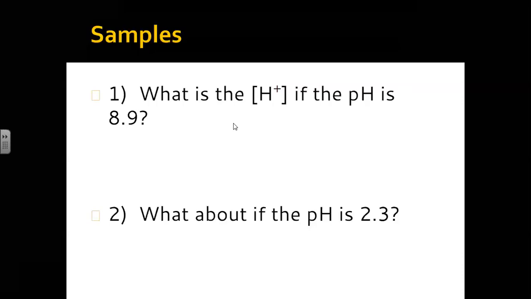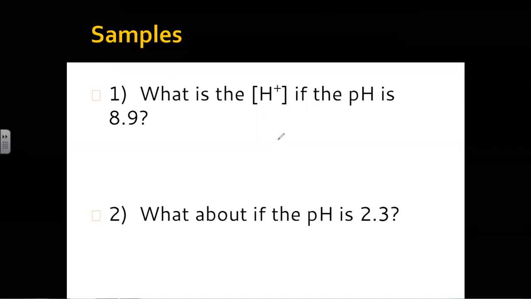These two problems right here, let me open the draw function again. This one wants to know what's the H plus concentration if the pH is 8.9. So what you're going to plug into your calculator, and I'm going to try to write this out as you would plug it in: you're going to go 10, use your caret key, open a parenthesis, type in negative 8.9, close your parenthesis, and then you're going to hit enter, which is basically your equal sign.